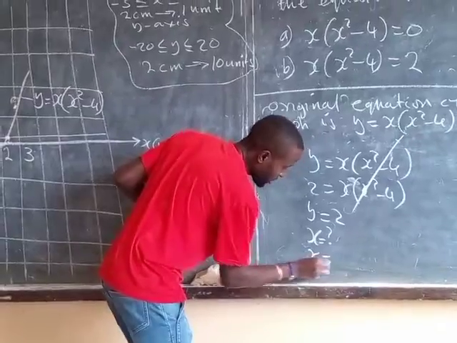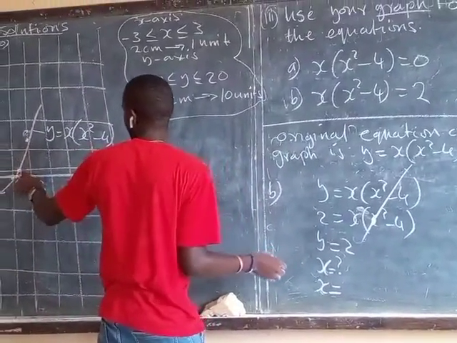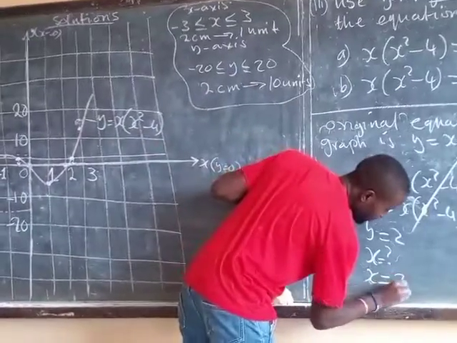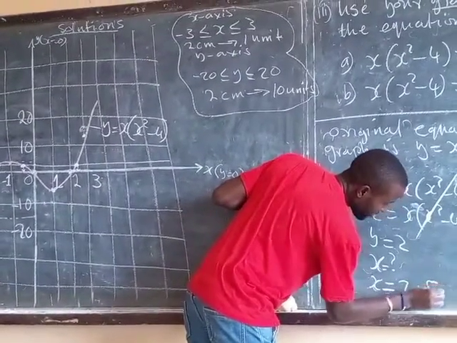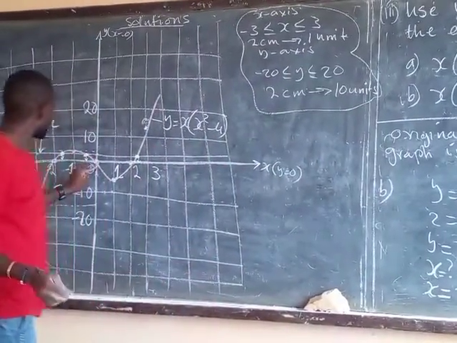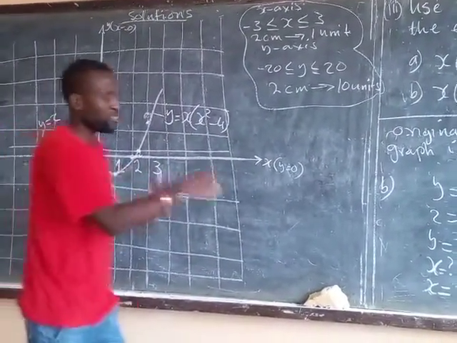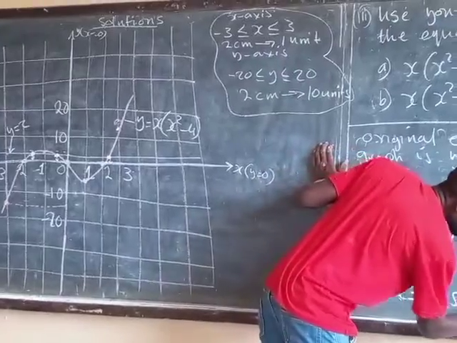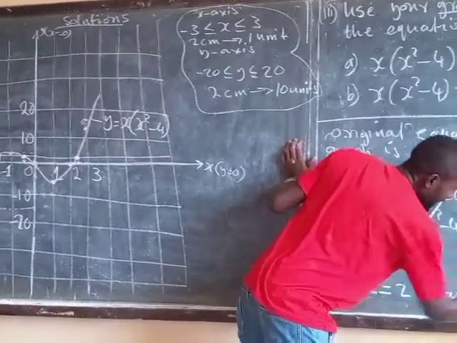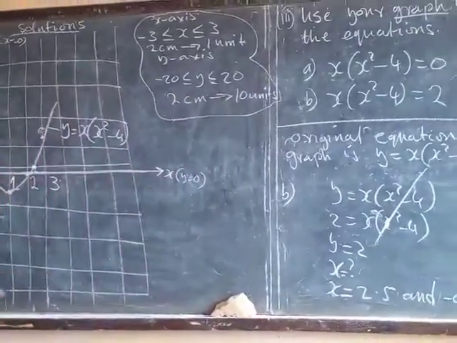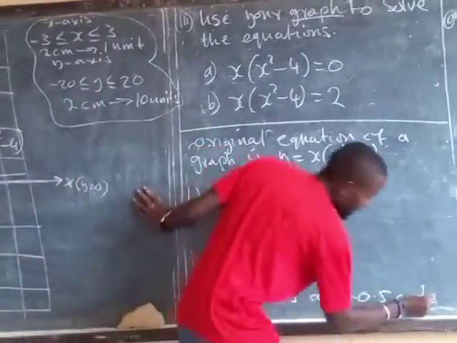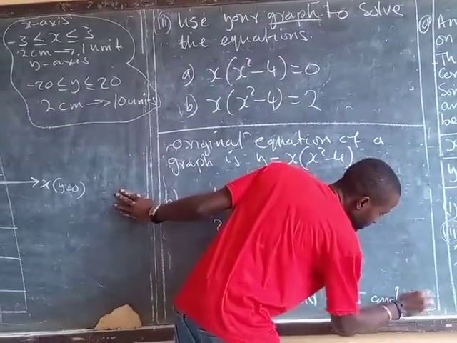X therefore is equal to, I get this point which is here, which is 2.5, and the next dot is here, which is negative 0.5, approximately just negative 0.5, and again it is also cutting here, which is negative 1.5.